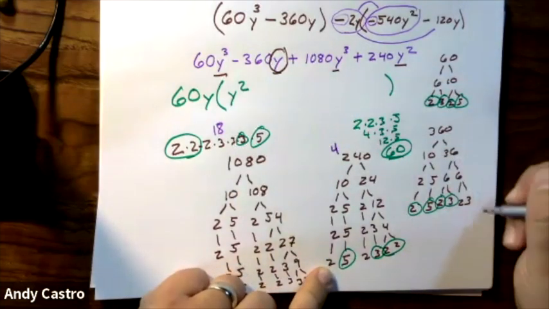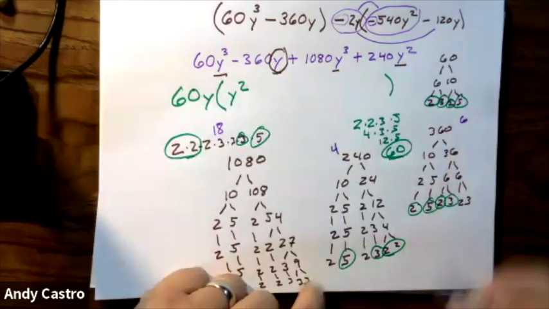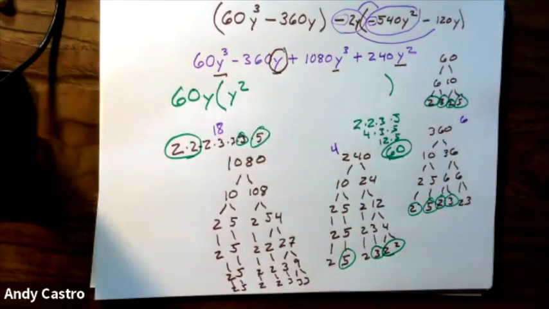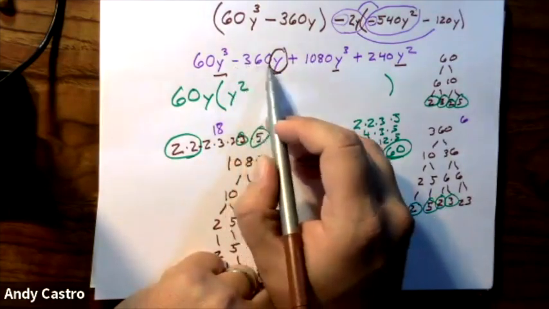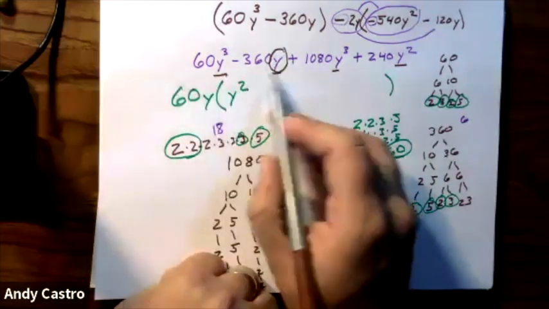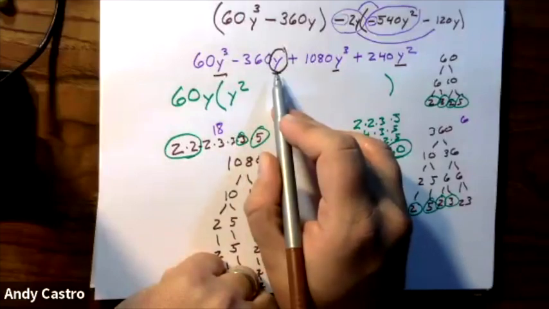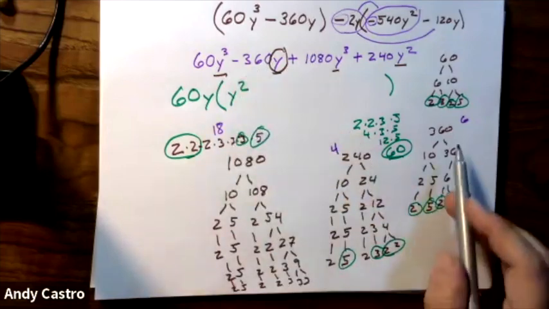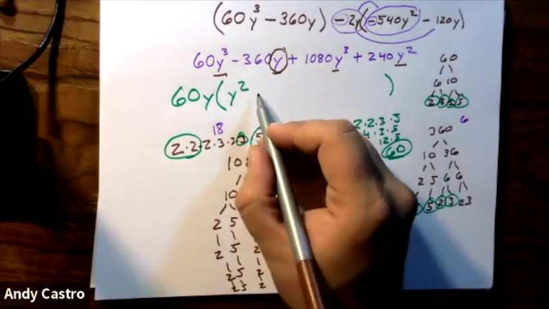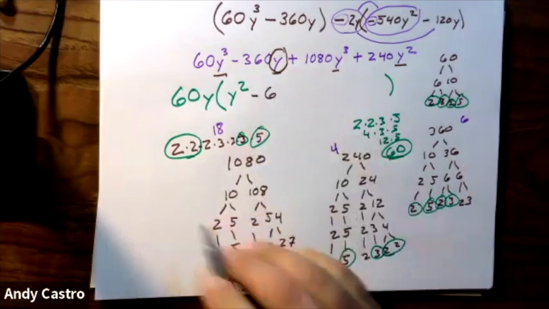For this 360, it's 2 and 3. I'm left with 6. All right. Next, I have minus 360y. If I pull the y out, then I'm just going to be left with a number. And then if I pull a 60 out of 360, I'm going to be left with 6. So minus 6.